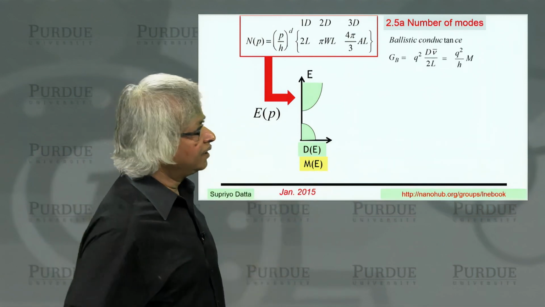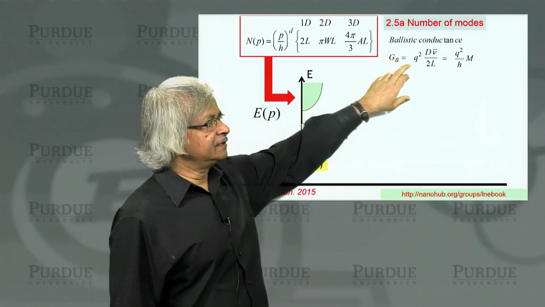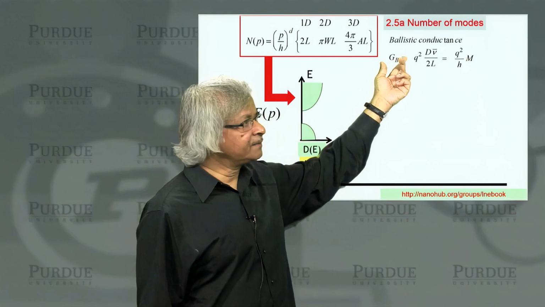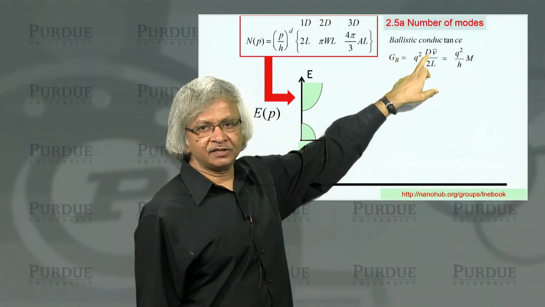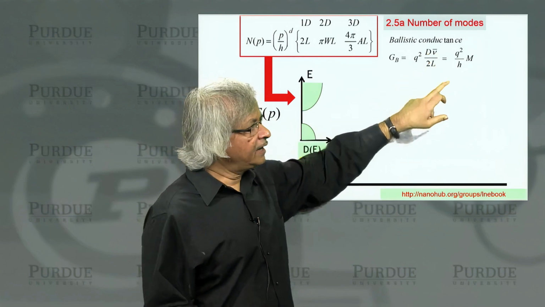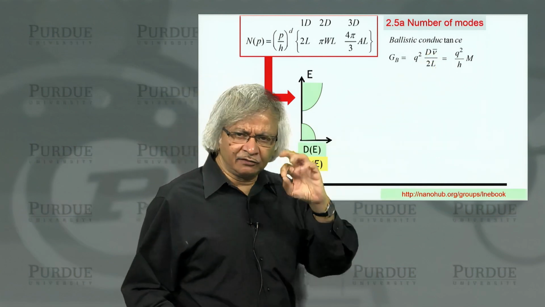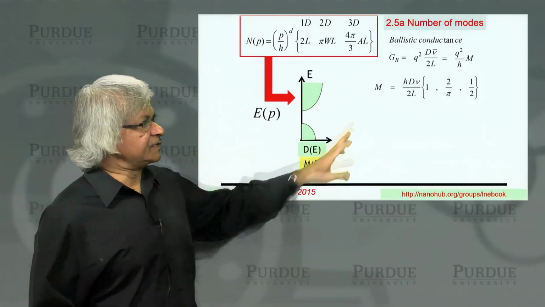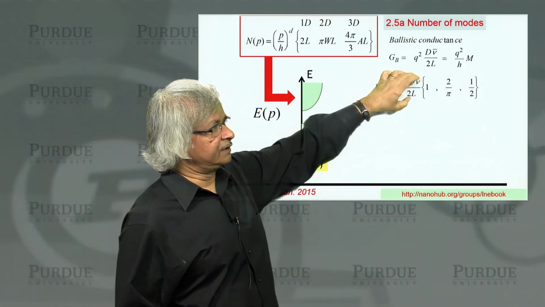And if you remember, the way it's defined is this number of modes is related to the ballistic conductance, which depends on density of states times the average velocity. And this average velocity involves a numerical factor that usually depends on the number of dimensions that we're involved in.